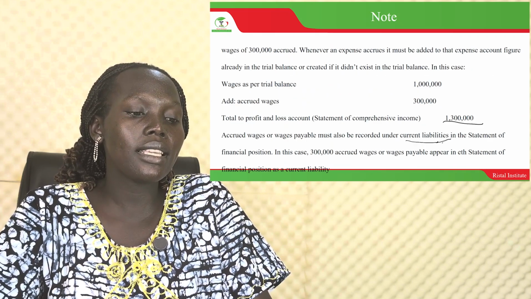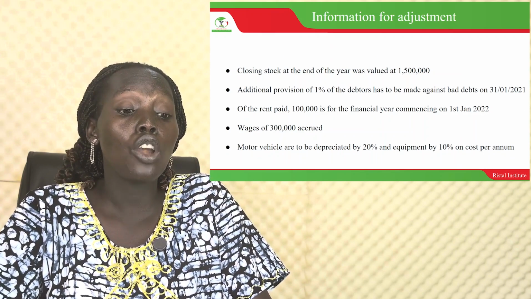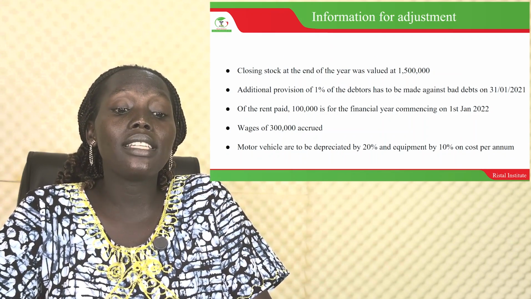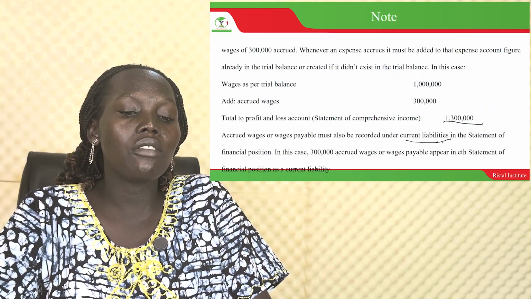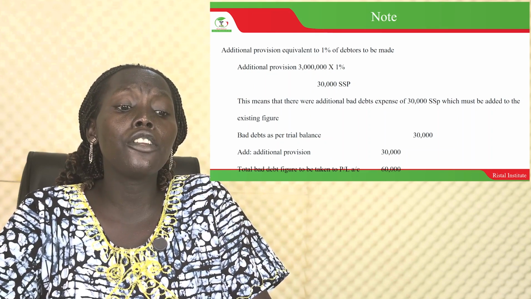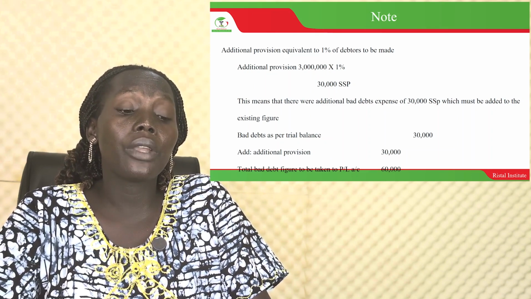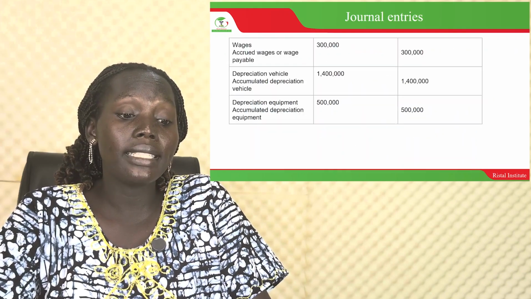Let's go back and see. In our additional information, they are telling us additional provision of 1% of the debtors has to be made against bad debts. Remember, we calculated for this and we said that we get 3 million times 1%, which is 30,000 SSP as our bad debts.